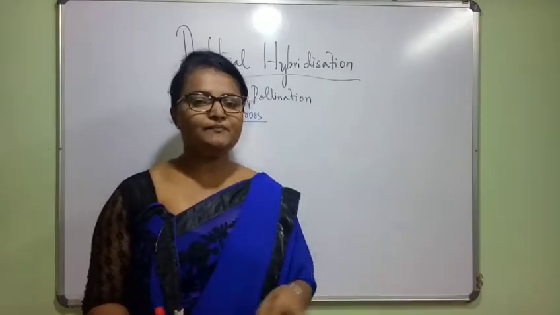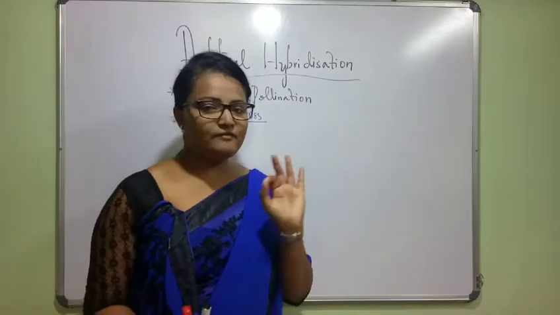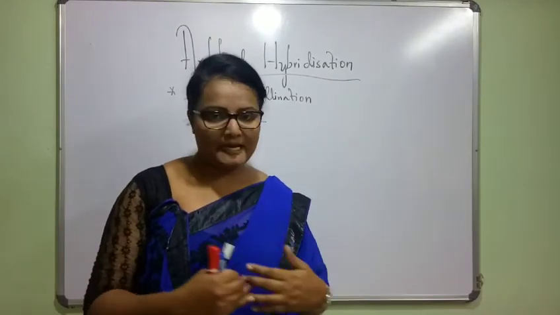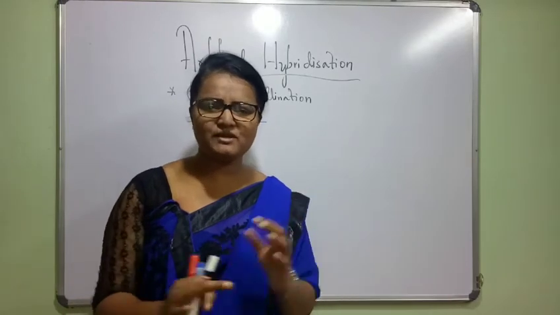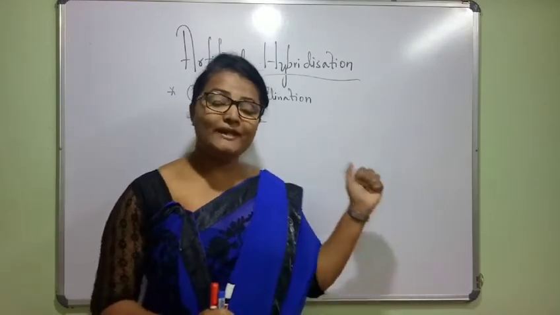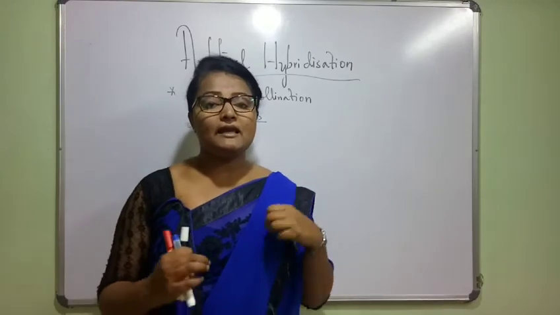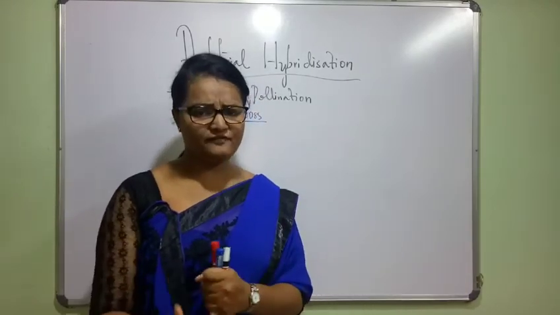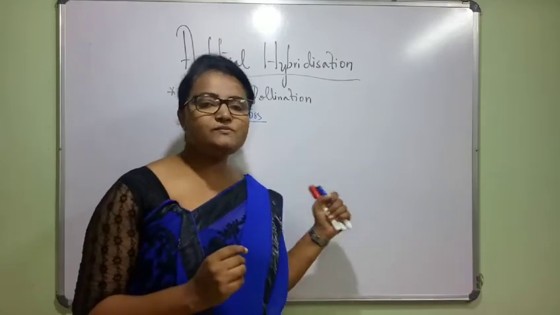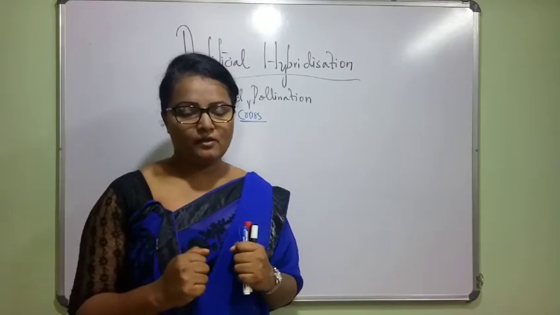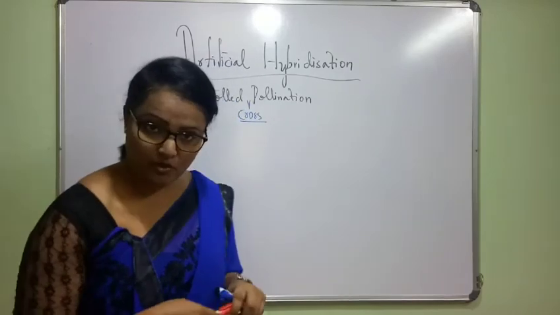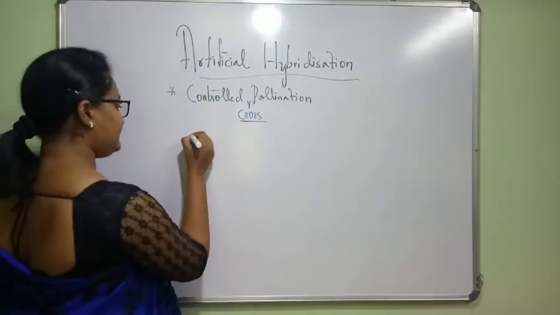In the same way, we have studied agents like biotic and abiotic natural agents. Here we are going to study how human beings artificially control the cross pollination. Why do they do this hybridization technique?